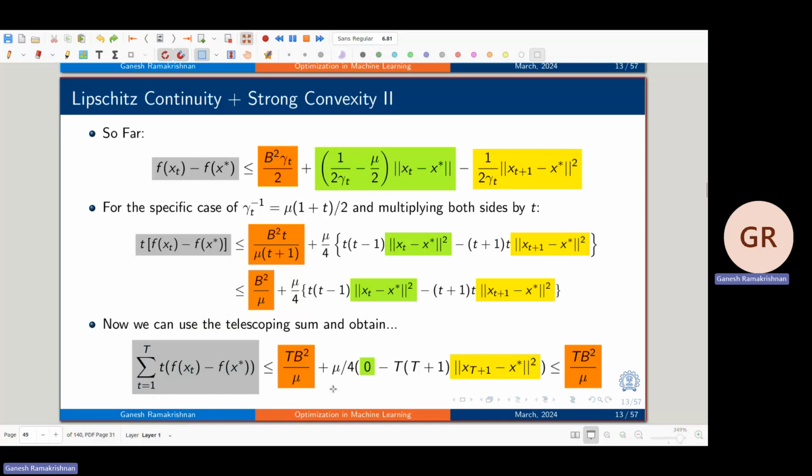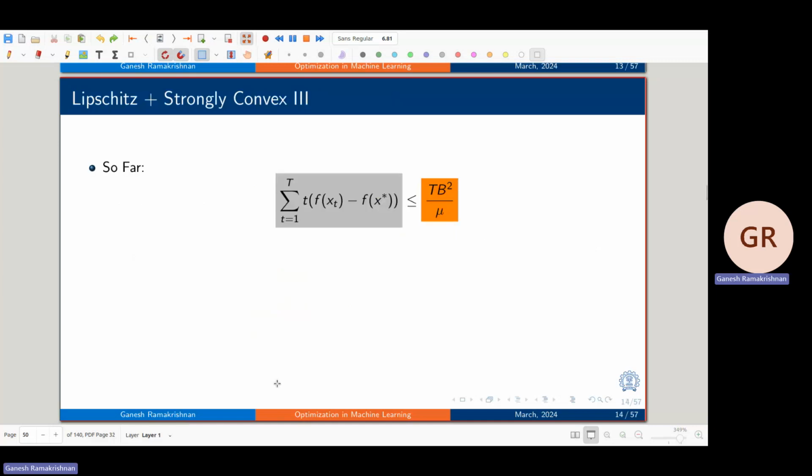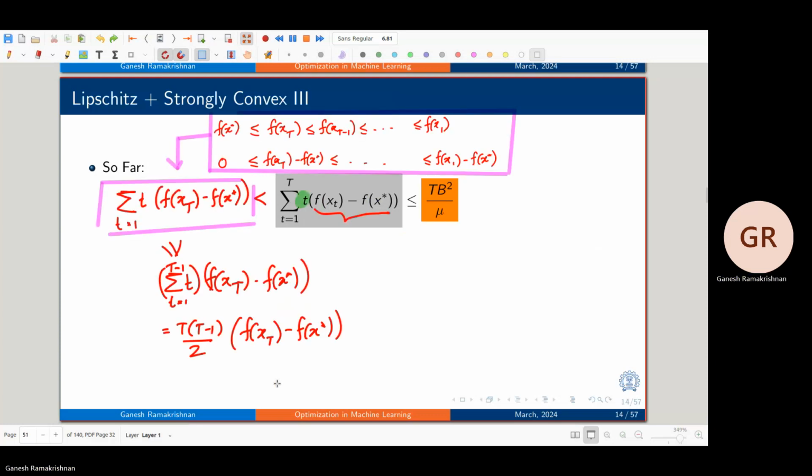Okay, let's just apply that. Okay, so we have this, I just put it back. Now what I'm doing, I'm applying here. But I'm saying on the left hand side, f of x t is greater than equal to f of x capital T, or strictly greater than. So it is summation of t into f of x capital T minus f of x star, t equals 1 to capital T. But this is the same term being summed t times.